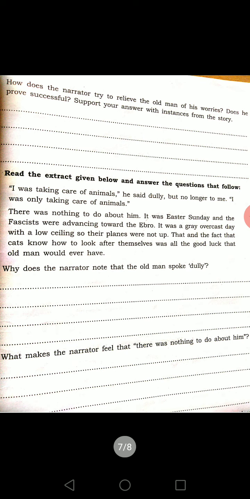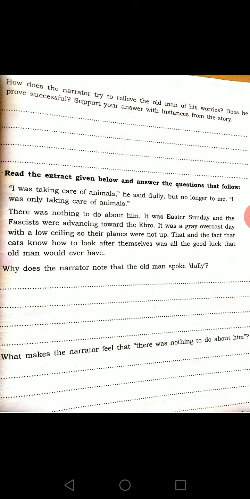How does the narrator try to relieve the old man of his worries? Now the narrator tries to engage him in a conversation and inquires if he had left the dove cage unlocked. He tries to reassure him that the animals would be fine. And this he keeps doing at regular intervals. He reminds him to cross the bridge.